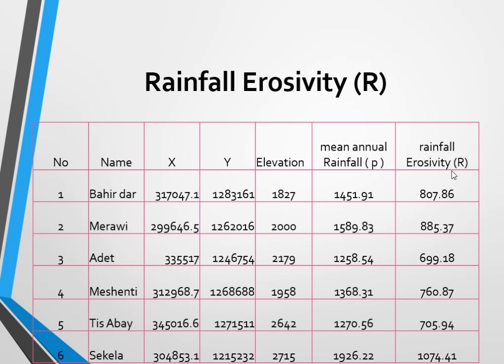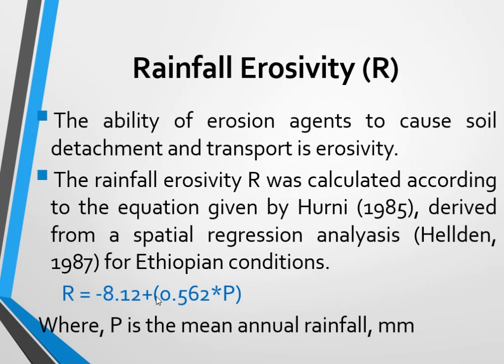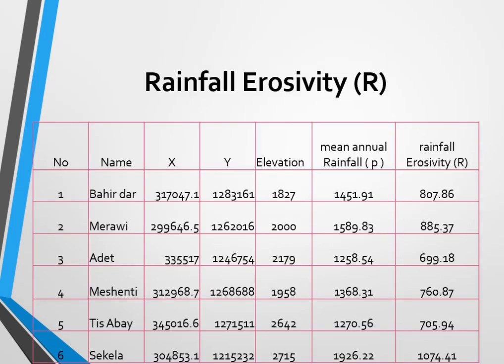So based on the previous equation, this rainfall erosivity or R factor is calculated and obtained as this one. Simply you can use this equation in order to know the values of R. Okay, so it is very simple.